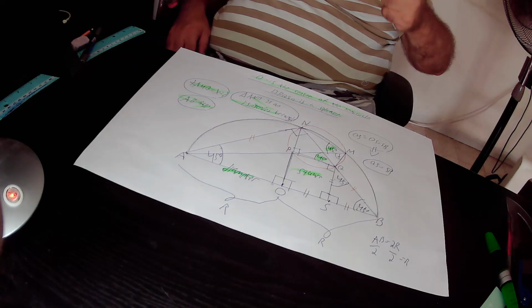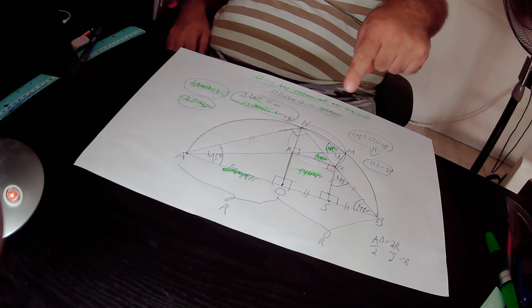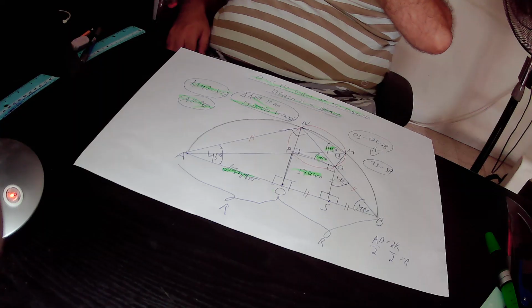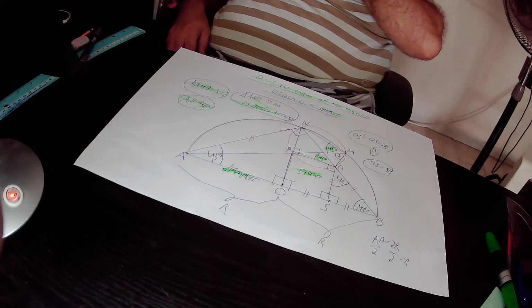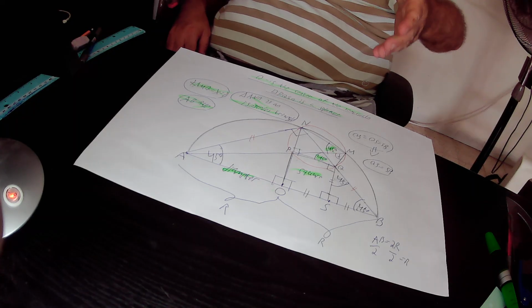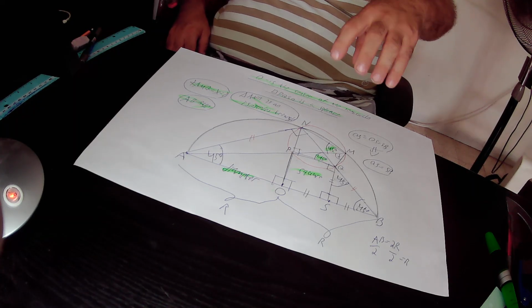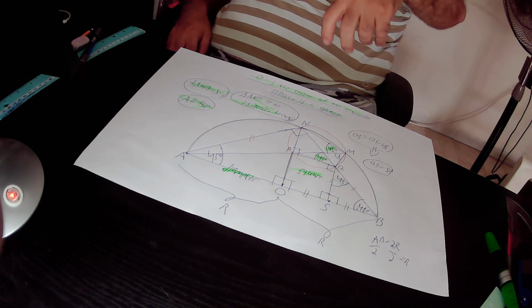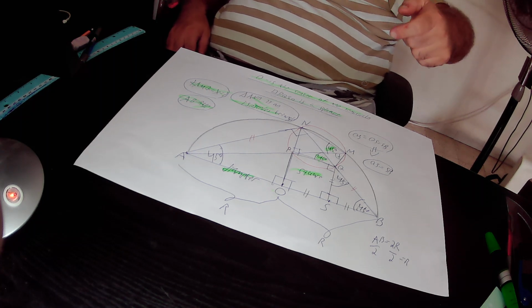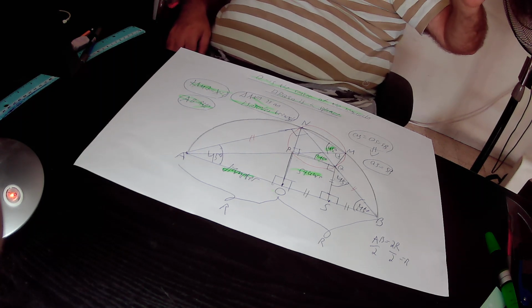So here we can use the rule that for any cyclic quadrilateral, the sum of its 2 opposite angles must be equal to 180 degrees.